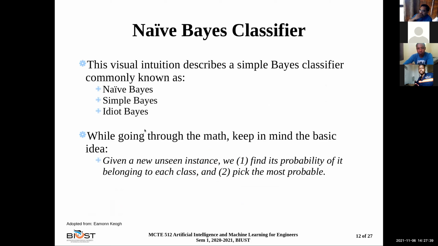So the visuals in this case give an intuition to describe the Bayes classifier, commonly known as naive Bayes, or the shy Bayes, the simple Bayes, or the idiot Bayes.